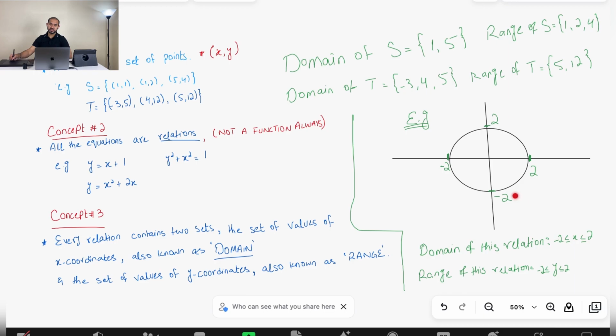Now why haven't I said that the domain is -2, -1, 0, 1, 2? Because in this relation, the value of x can be -1/2, it can be 0, it can be +1/2, it can be -1.5. So basically, it is varying from -2 to +2. So all the rational numbers like the decimal values are also covered in this domain.